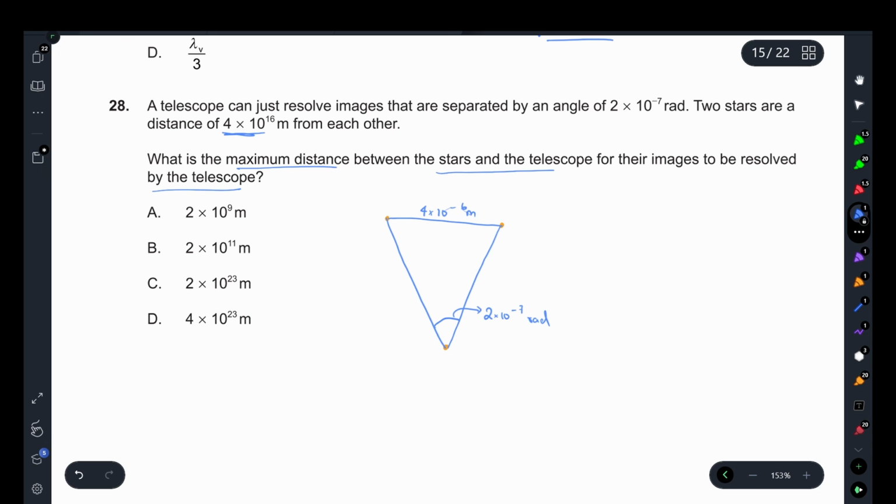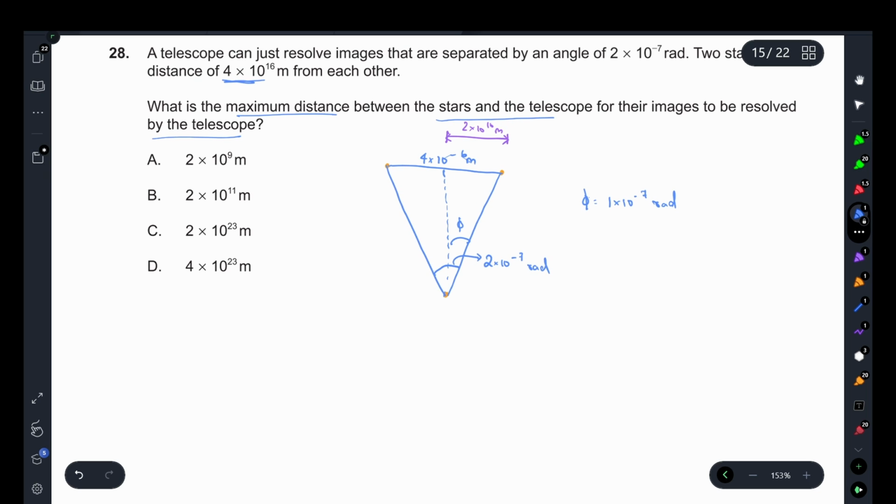But if we're looking at the distance between the stars and the telescope, we are looking at this distance. So let's call this phi. So phi is equal to 1 into 10 power minus 7 radians. And you need to take this distance. You can't just take the whole distance, which is 2 into 10 power 16 meters.